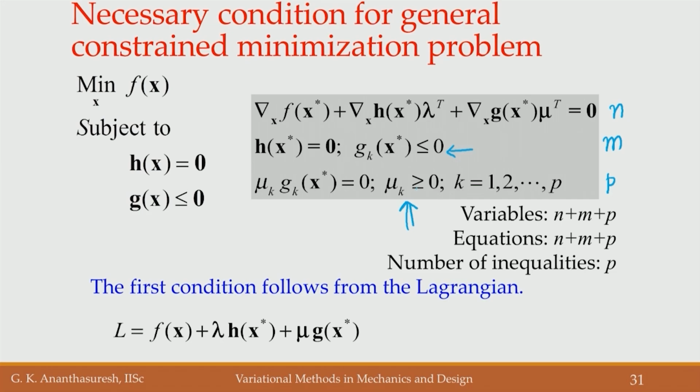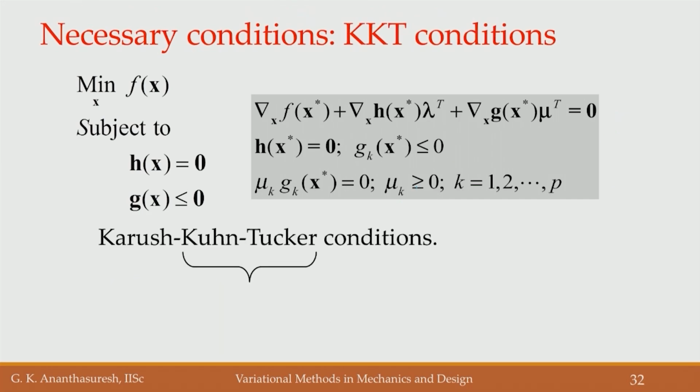And these conditions are called the KKT conditions. These are something that one should be able to write and explain what they mean even if somebody wakes you up in the middle of the night.